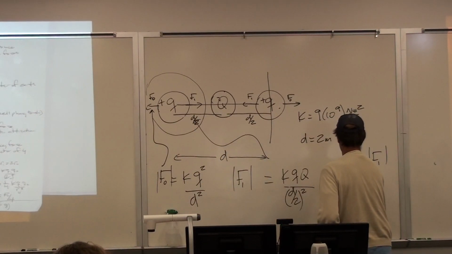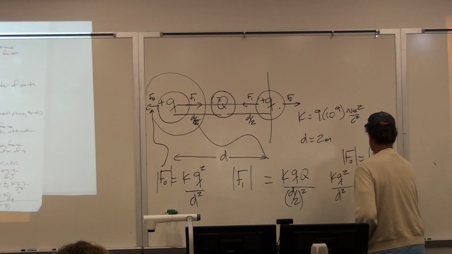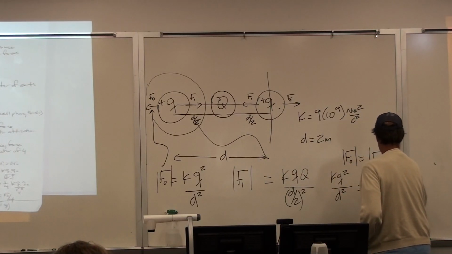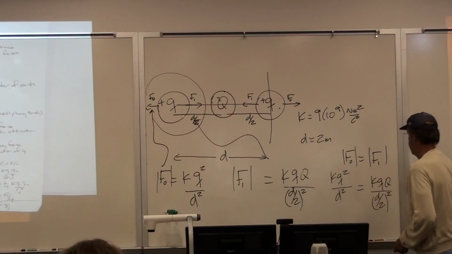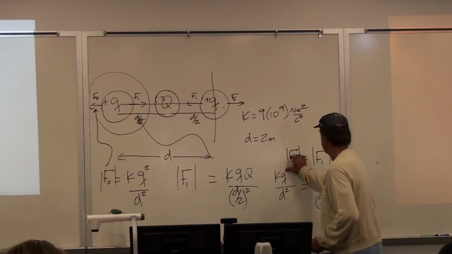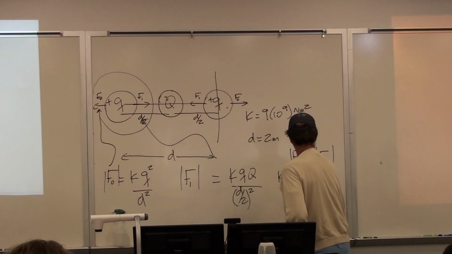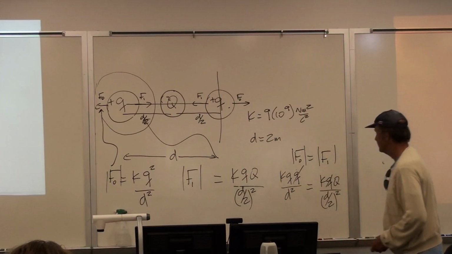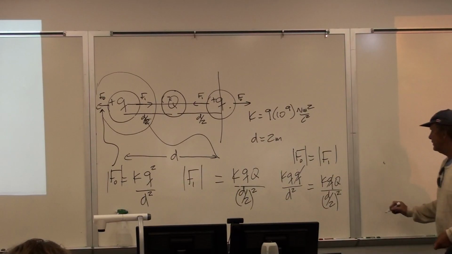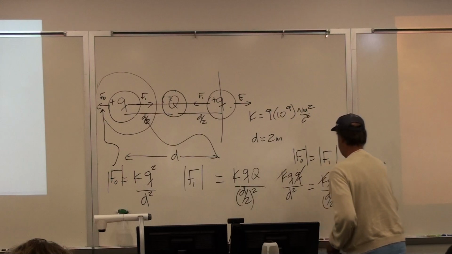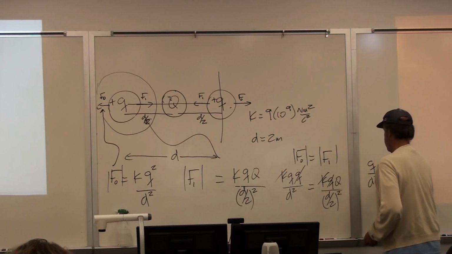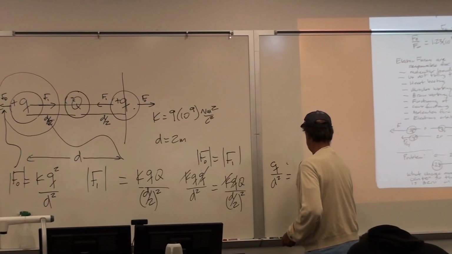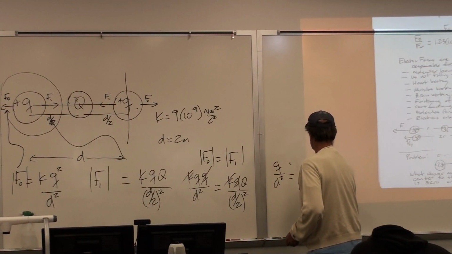This is k q squared divided by d squared equals k little q big Q divided by d over 2 squared. Okay, so what I'll do here is I'll make this q times q, so I can cancel out one of the q's, cancel out the k's, and so what I've got then is q over d squared equals big Q divided by d over 2 squared.